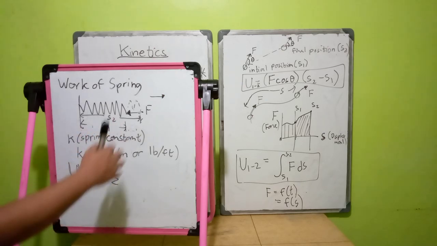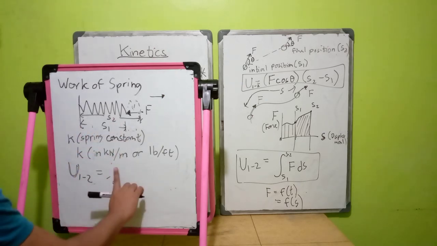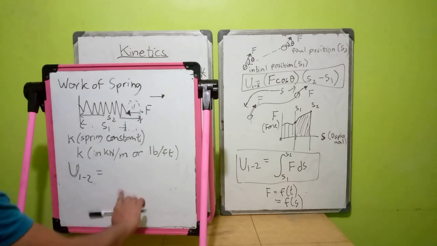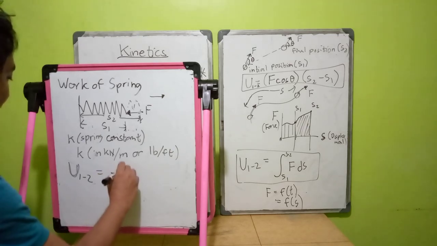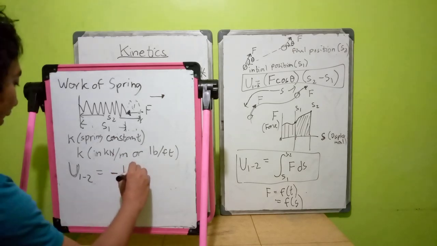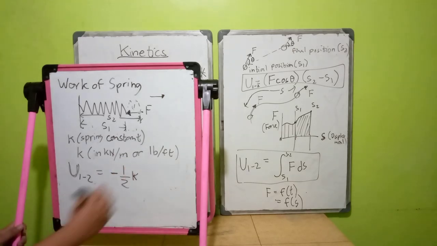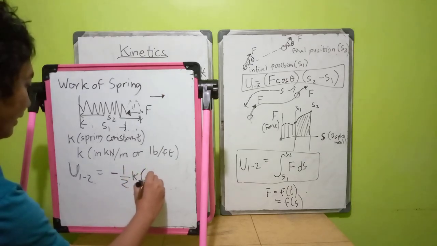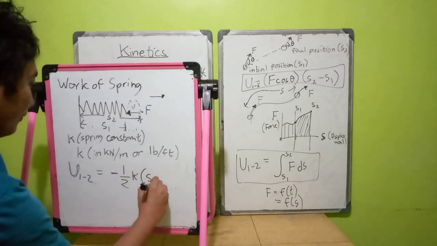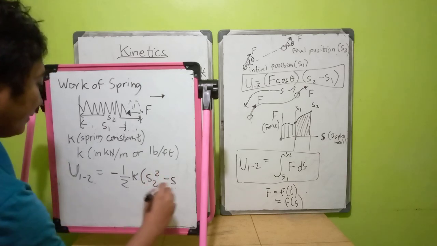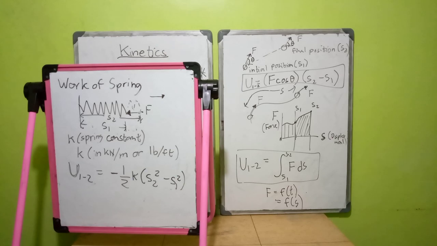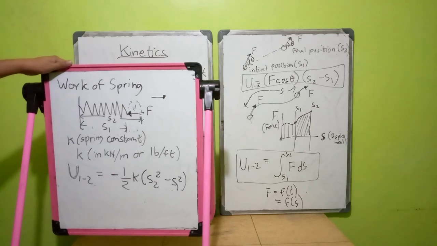Your work will be negative one half k multiplied by the quantity S2 squared minus S1 squared.